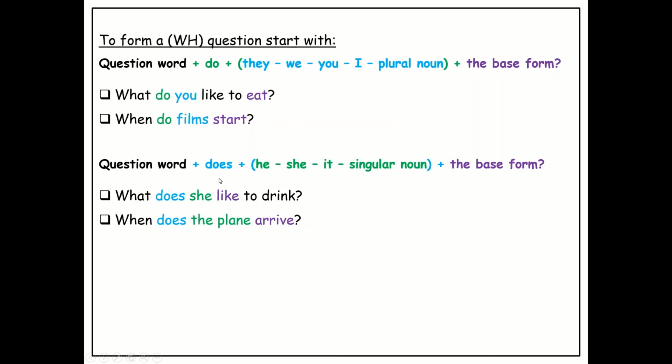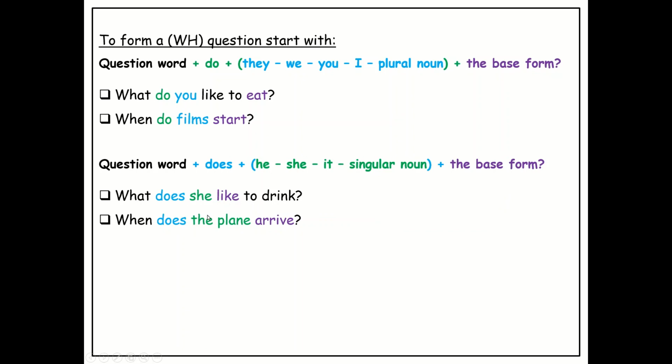And if we use does, so when do we use does? We use does with he or she or it or a singular noun. But before it we have the WH word. So first WH word plus does, the auxiliary, plus the subject, and then we have the base form of the verb. For example, what does she like to drink?